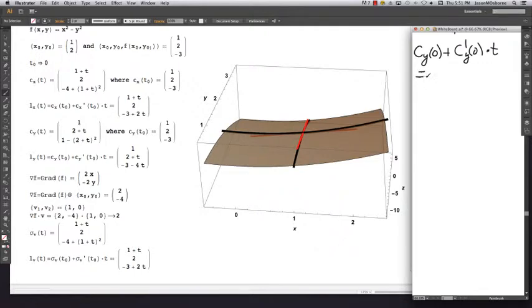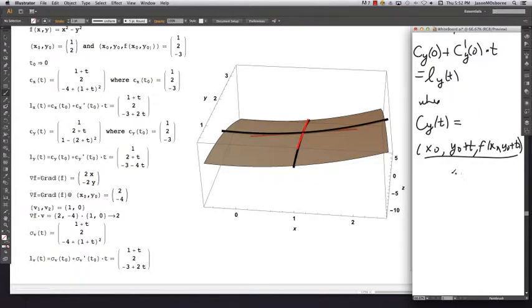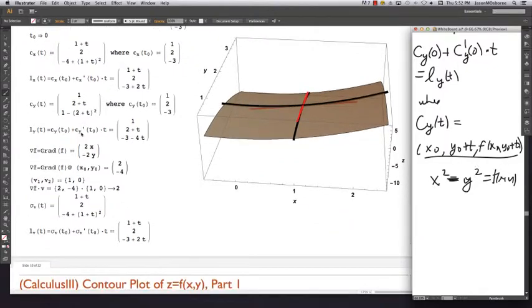This is what we're going to call our tangent line in the y direction, where c_y(t) is simply (x naught, y naught plus t, f(x naught, y naught plus t)). If you were to plug this formula into the function x squared minus y squared, you should get that curve right here, and I will leave you to check that.